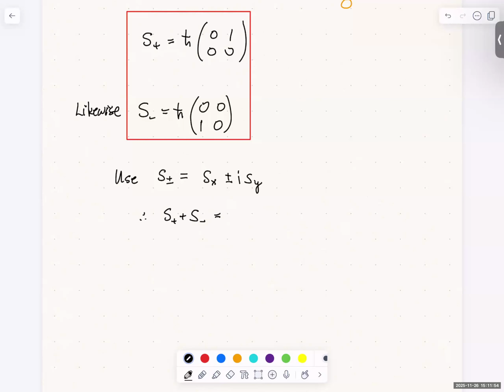Well, if I added those S plus and S minus, the imaginary term i Sy is going to cancel because one time it's plus and the other time it's negative, but the real term is just going to add, and we'll get 2Sx.